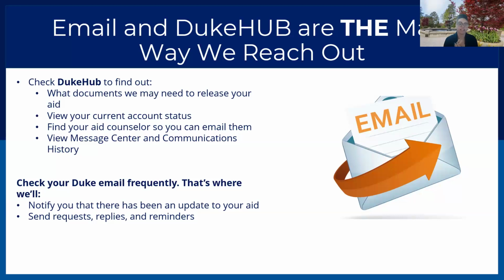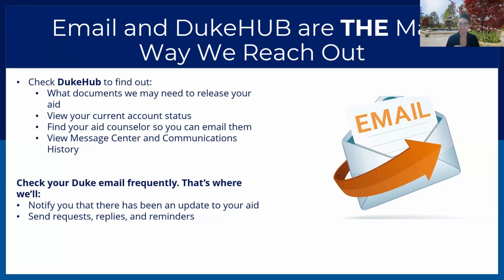In addition to the ways to contact us, there are the ways we contact you that you'll want to pay attention to, just so that you're in the loop and familiar with what's going on and where we are in the academic year, whether it's things happening on campus or if it's time to renew your aid. So for anyone who received grant funding for this year, you will need to renew your aid in the late winter of your first year.